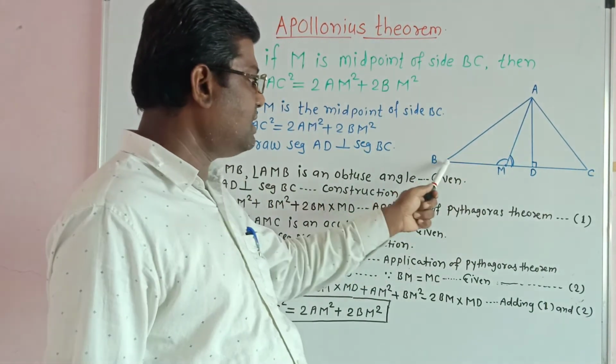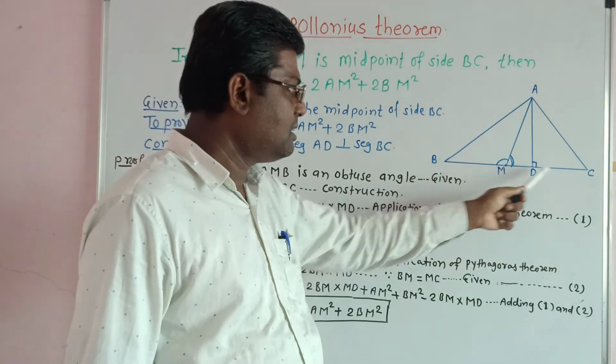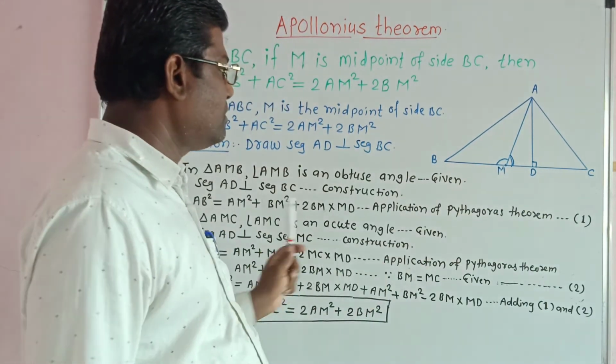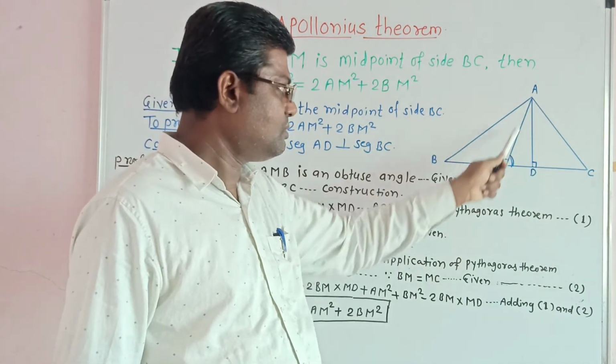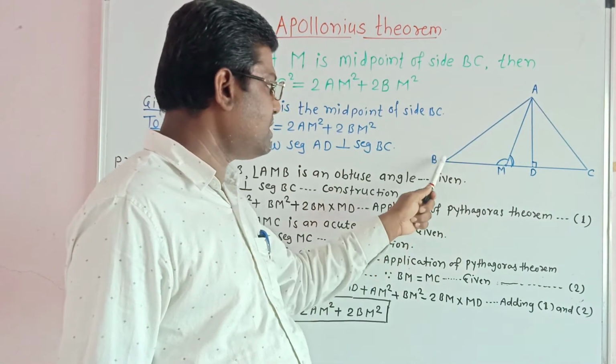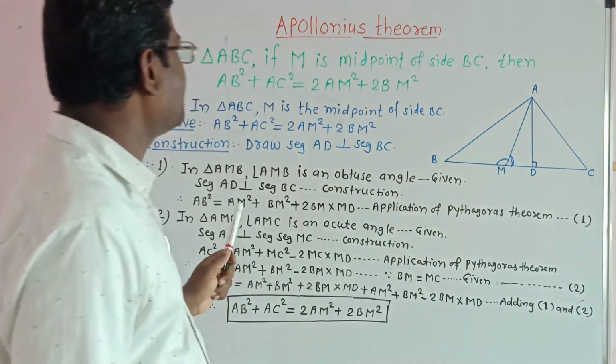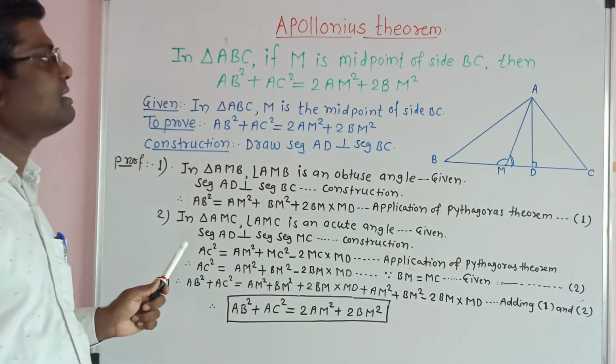We can take 2MC square also. So AB square plus AC square is equal to 2AM square plus 2BM square is called Apollonius theorem.